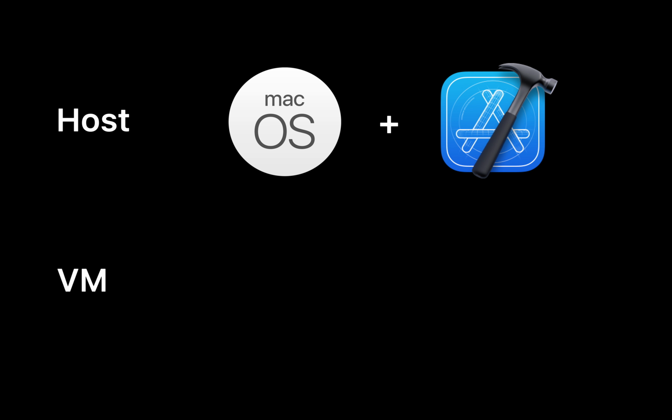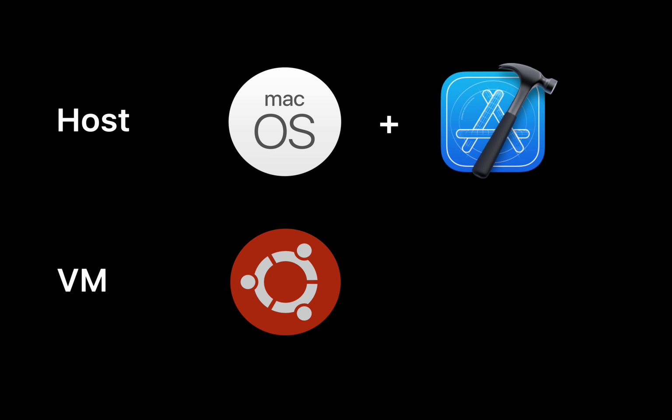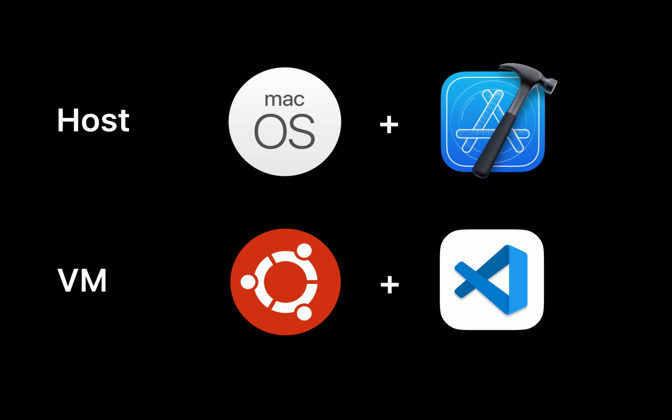So my virtual machine will have the Ubuntu system installed plus Visual Studio Code. This virtual machine will have direct access to my project folder on the host I'm working on. And as a result, I can test my code simultaneously for Apple and Linux platforms.